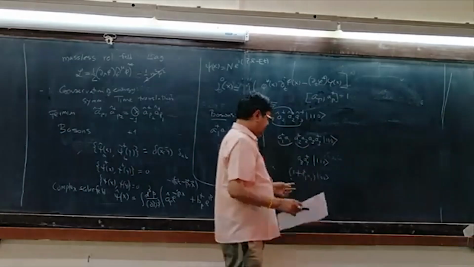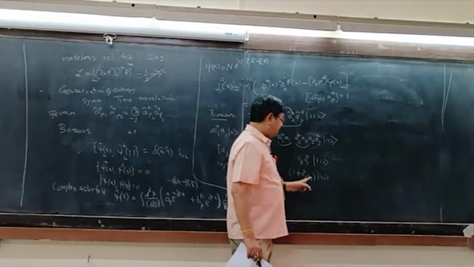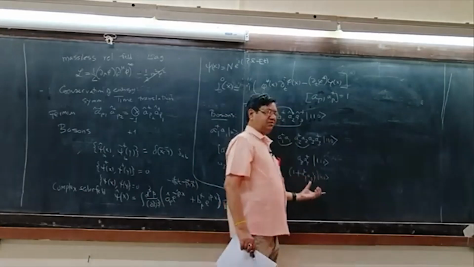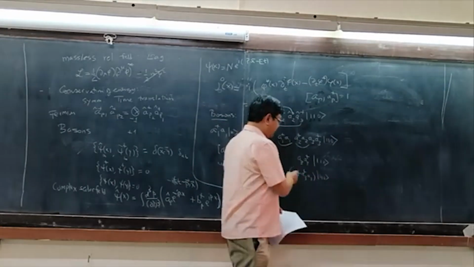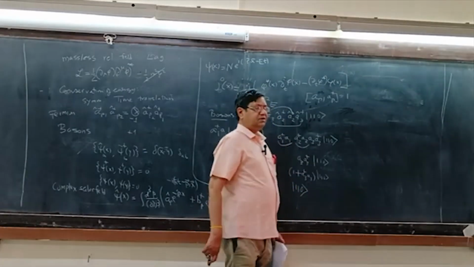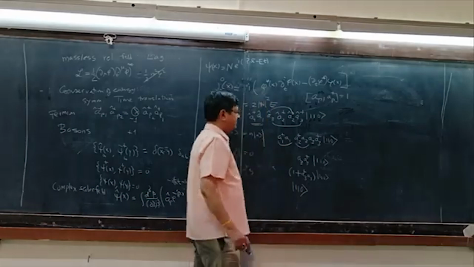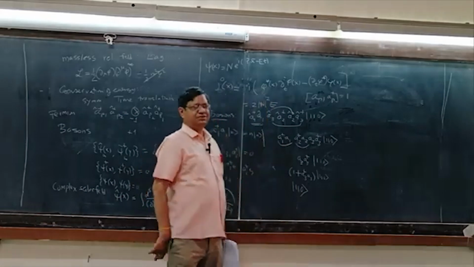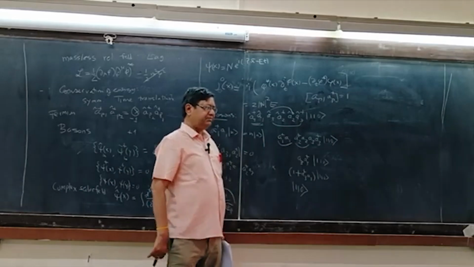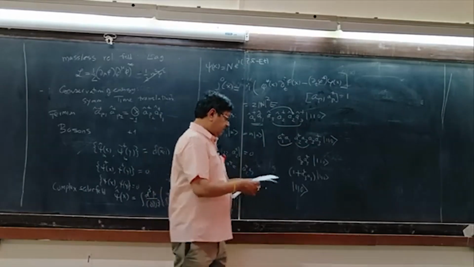Plus, thank you, 1 plus. So A3 acting on 0 is 0. So this acting on this state is 0, but 1 acting on that is the same. So that's 1, 1, 0. Okay, so it's just working with these operators.